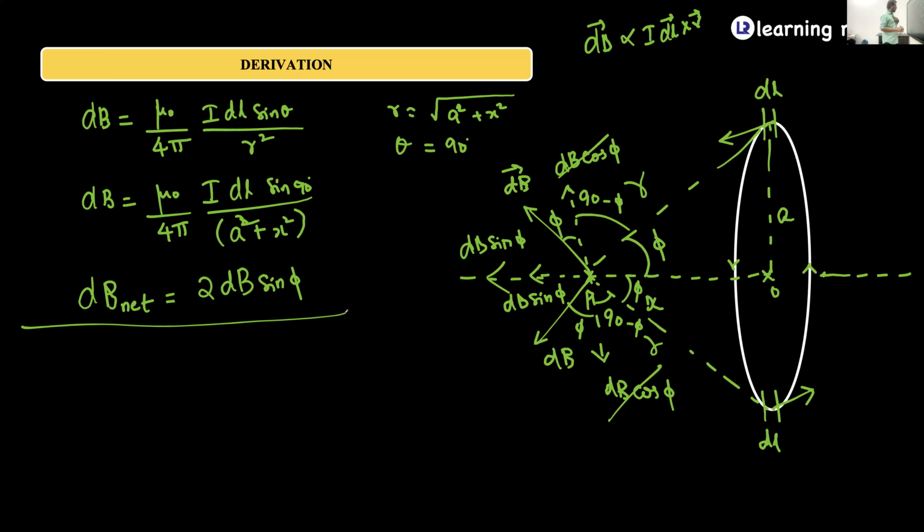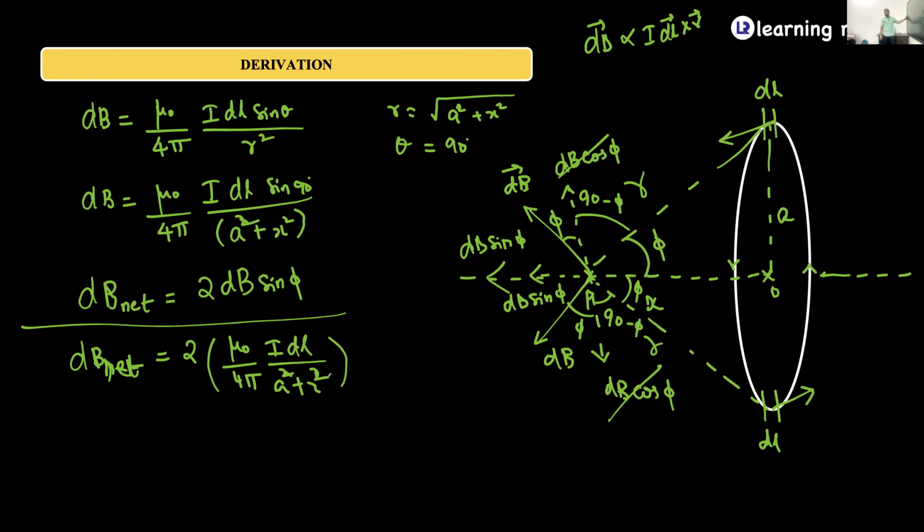So for that, dB net is equal to, you're writing 2 times dB, right? What is dB? It is mu naught by 4 pi into I dl sin 90, which is 1, the whole divided by a square plus x square.